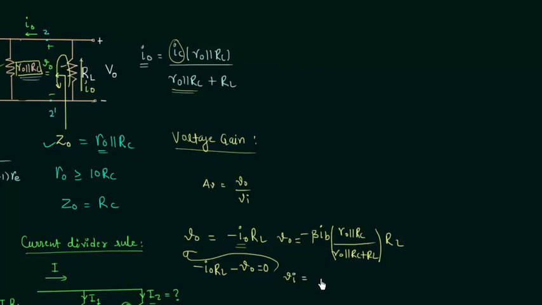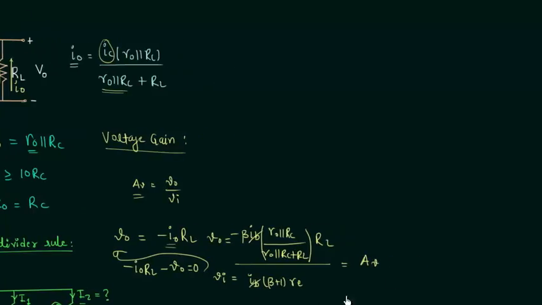VI is equal to IB multiplied with beta plus 1 RE, and to calculate the voltage gain we need to divide the two expressions. So we will divide them, and the result is equal to the voltage gain. Base current IB will cancel out, and the final expression is equal to minus beta RO parallel RC parallel the load resistance.